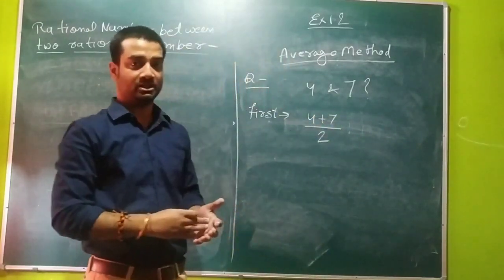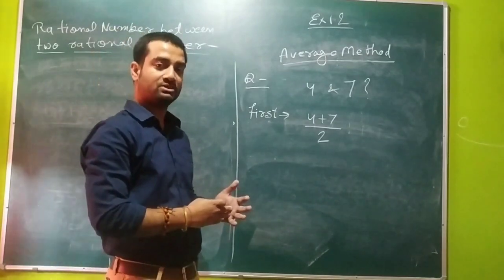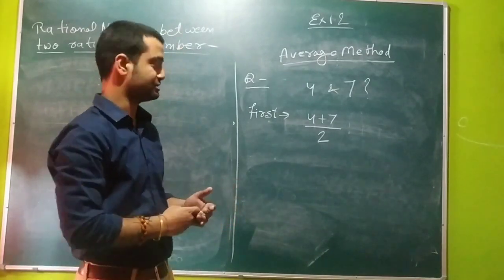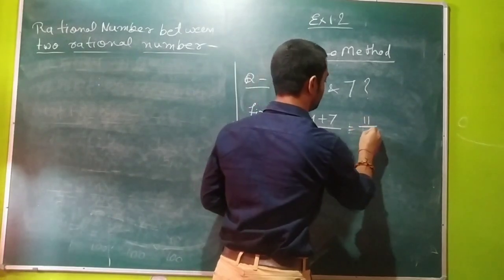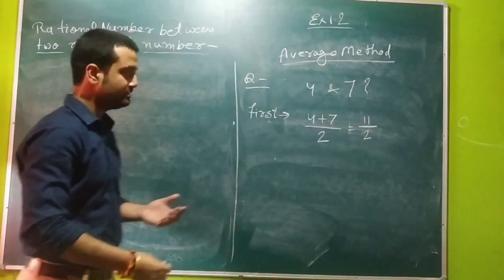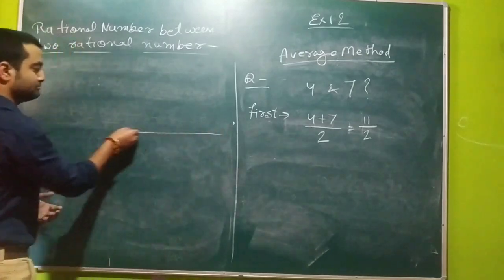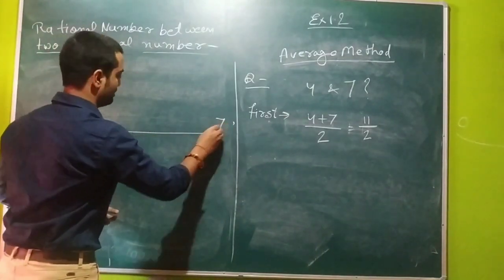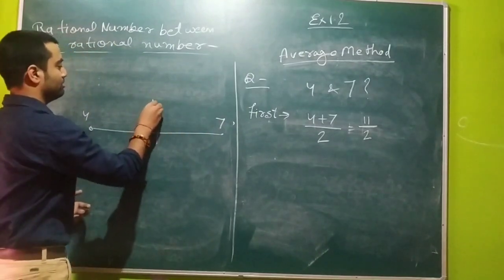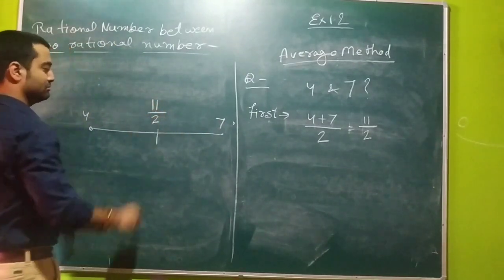This is how we find the average, sum of the observations upon number of observations. So, 4 plus 7 gives us 11 upon 2. If we think of the number line here, if it is 4 and it is 7, in the middle we got 11 upon 2.